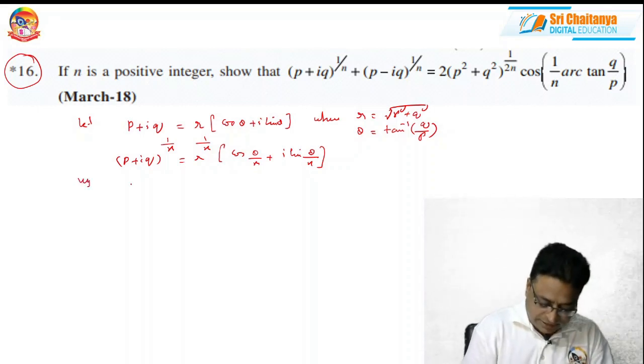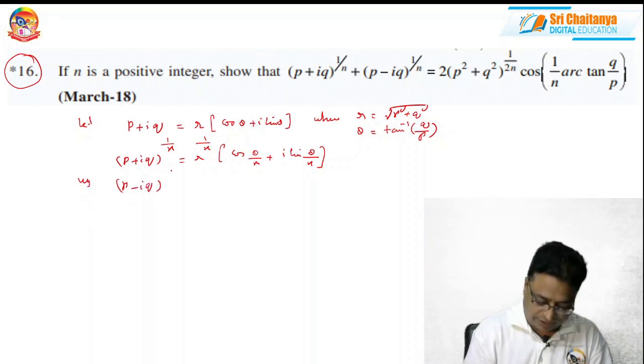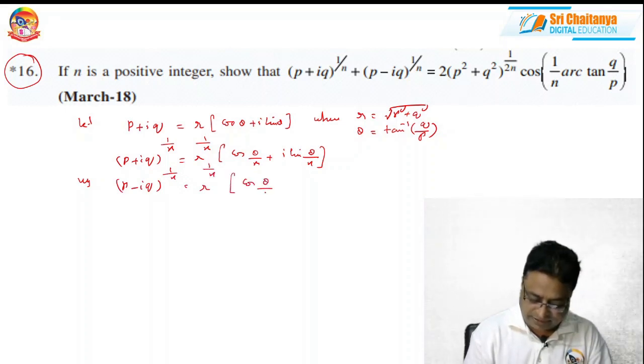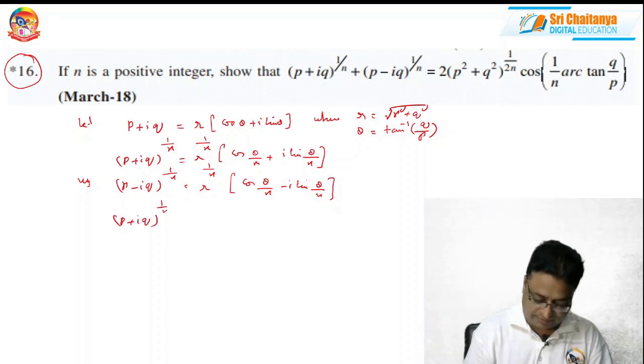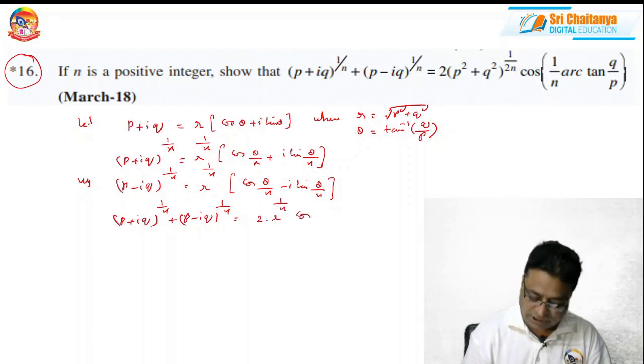Similarly, (p minus iq) to the power 1 by n equals r to the power 1 by n times (cos theta by n minus i sin theta by n). By adding these two, (p plus iq) to the power 1 by n plus (p minus iq) to the power 1 by n equals 2 r to the power 1 by n into cos theta by n.